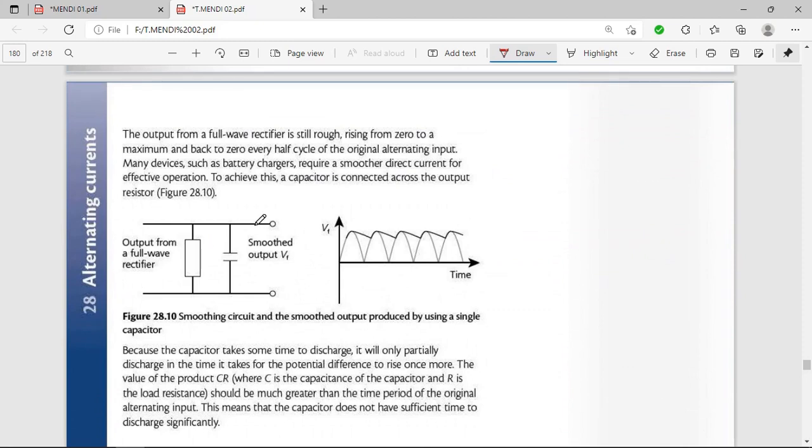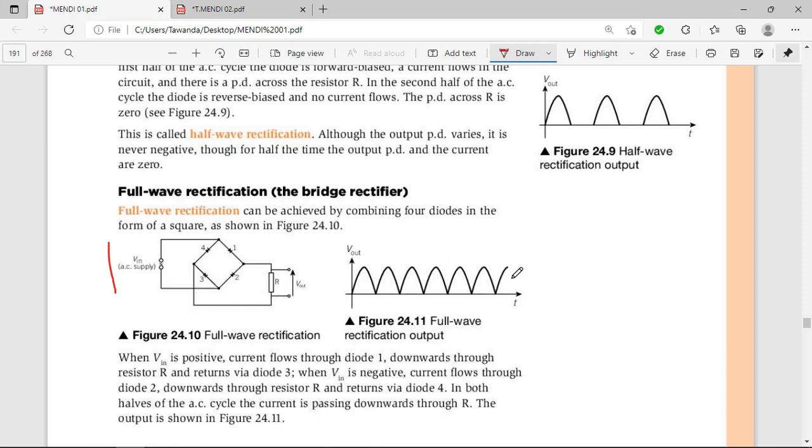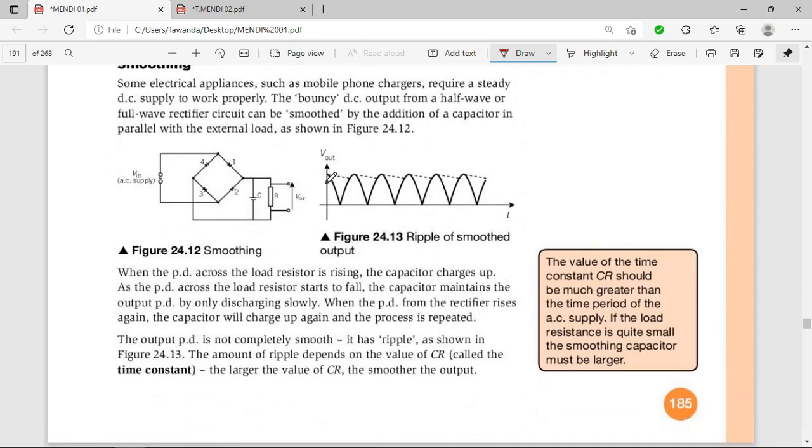If you put a capacitor in parallel with the resistor, maybe in a full diagram like this, maybe our diagram will be like this. If they say, can you draw a full diagram where we have a capacitor, I think the diagram will be like this.